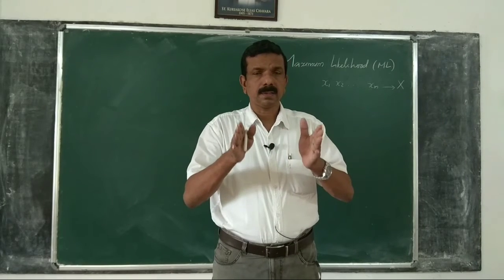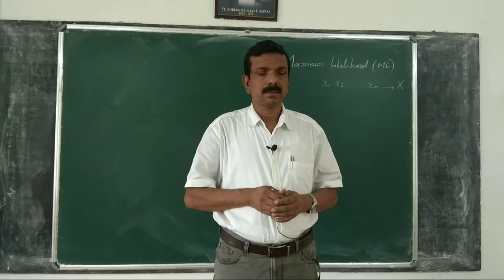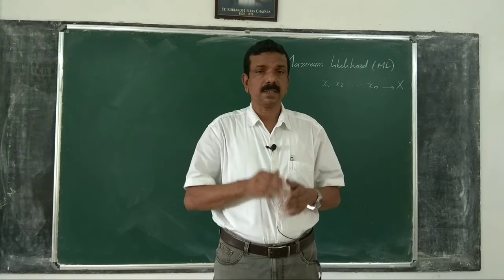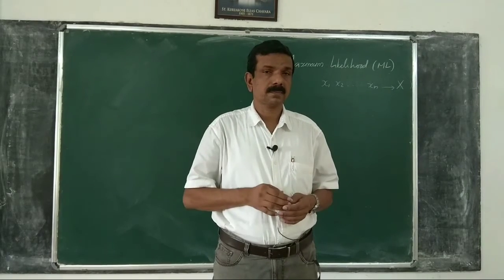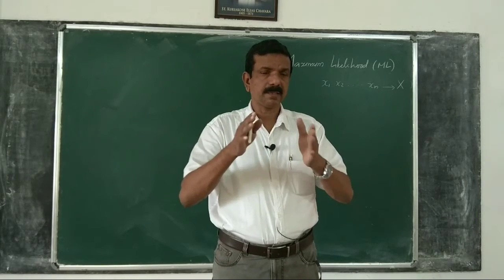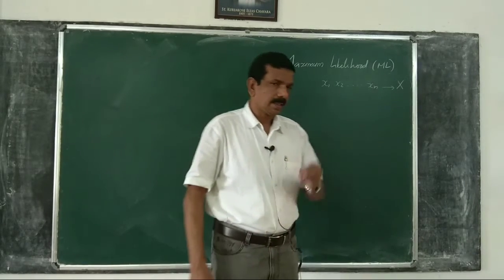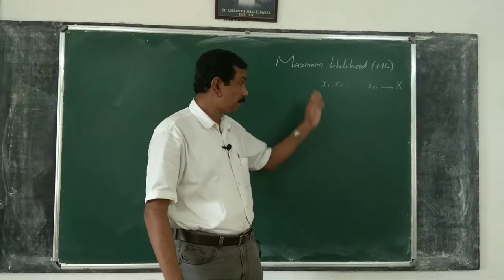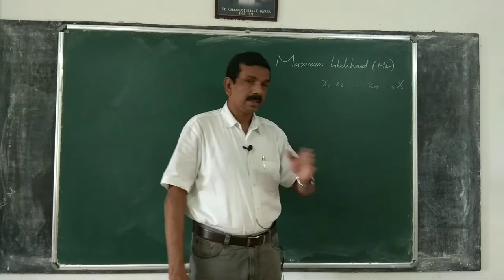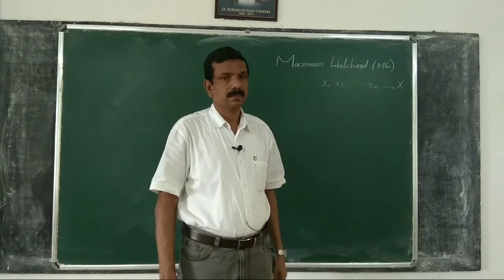This probability can be calculated if we know the frequency distribution of the random variable x. If we know it, we can calculate the probability of any value of x occurring in any random sampling.